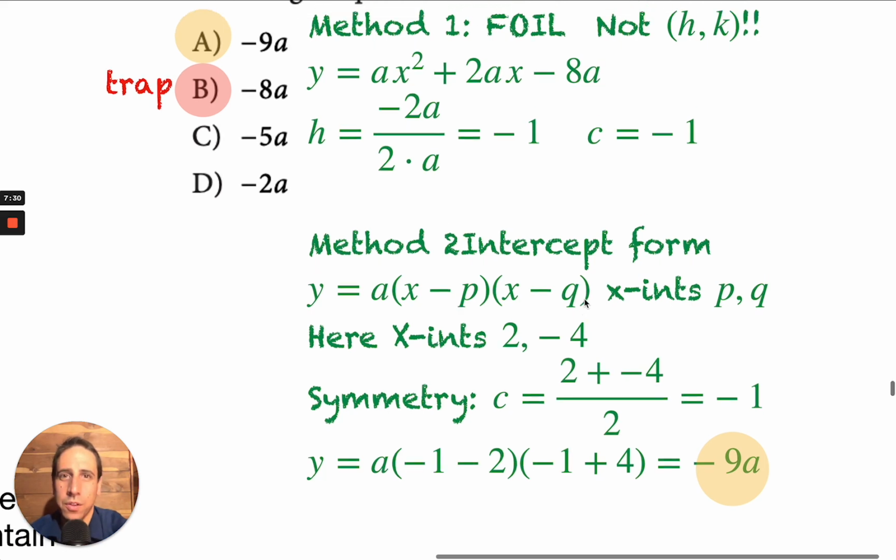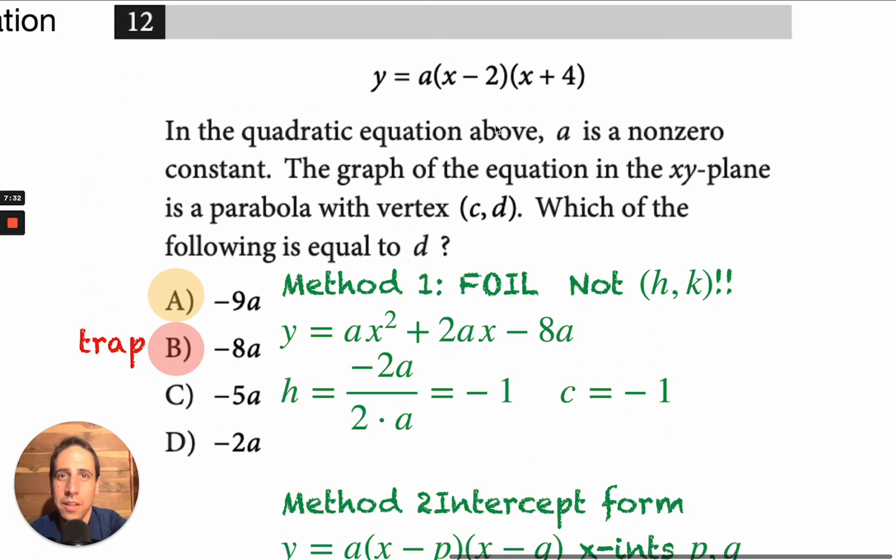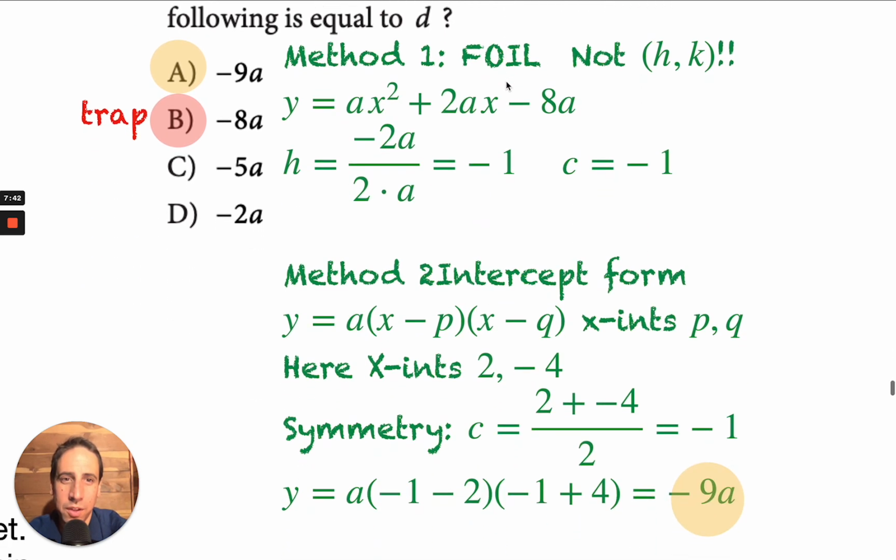So here, you can see immediately that the x-intercepts are positive 2 from this factor and negative 4 from this factor. If you put in positive 2 or negative 4, immediately you get a y value of 0, and that's what the x-intercepts are. So you know immediately that the x-intercepts are 2 and negative 4.